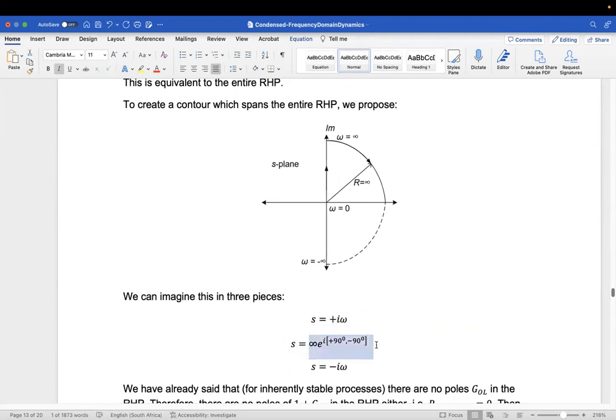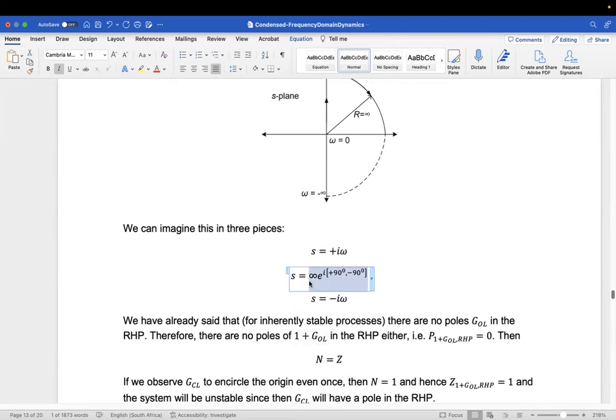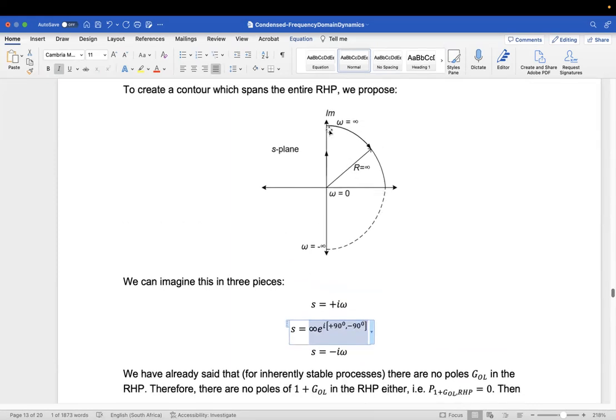Then this next piece, we have to travel around this semicircle. So we've represented it this way. We've said the magnitude is infinity, and the angle is going from plus 90 degrees. We can see here, if we are taking the angle from this axis to this line, then we can see we are at plus 90 degrees.